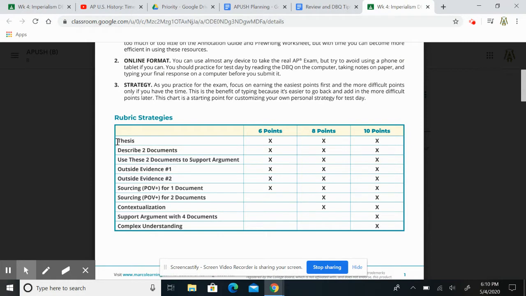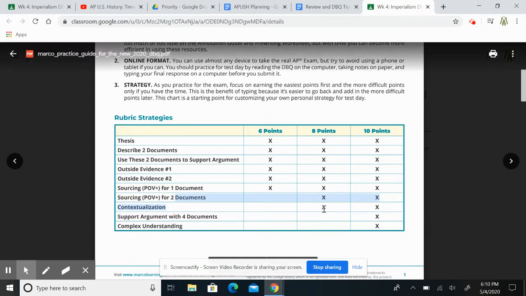So when you're writing, just write your thesis, then go straight into the document analysis. You would describe 2 documents, use them to support the argument, outside evidence. So skip the context, and then if you have time, come back for it down here.